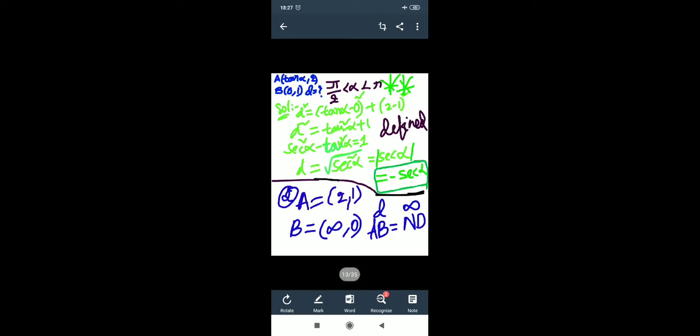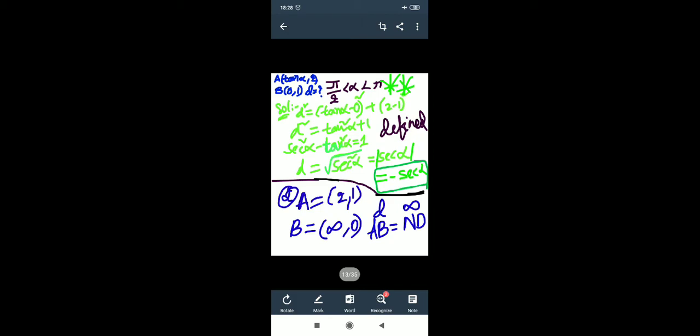Let us discuss a question. This is the third question. In our previous session, I discussed the second question. A is (tan alpha, 2) and B is (0, 1), and the distance of this segment is asked, whereas the given condition for alpha is pi by 2 less than alpha less than pi, which means alpha lies in the second quadrant.